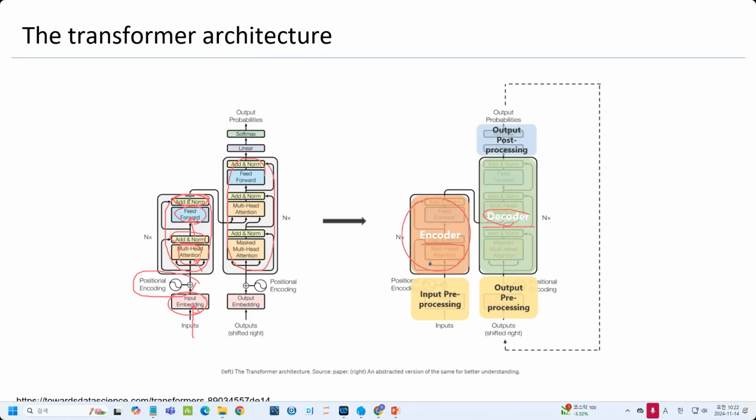And after we have this encoder, as you may know, we will do the decoder. So the decoder step is this one. In the decoder step, we will use the multi-head attention again, but it is masked. Masked means we will keep some words without proper information.